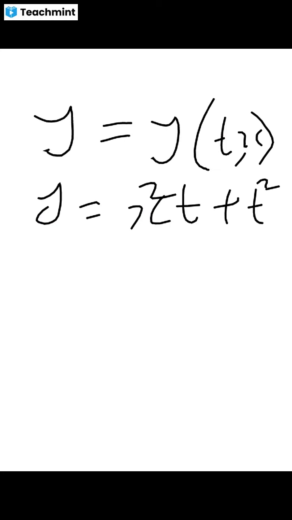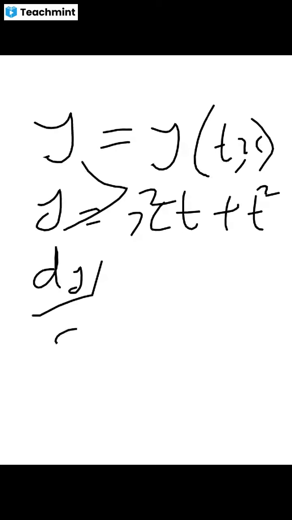I told you that you can find the derivative of y with respect to x and call it dy over dx. In this case you are taking your t as constant, then you differentiate your y with respect to x. You assume that x is a variable now and t is a constant.